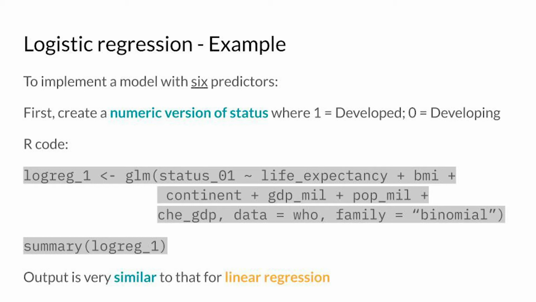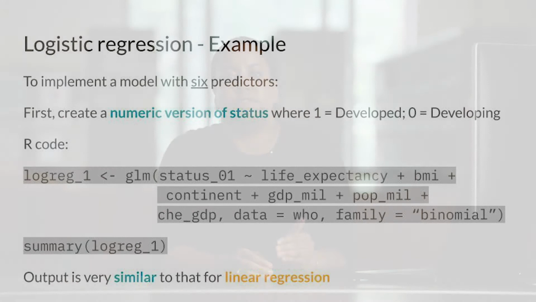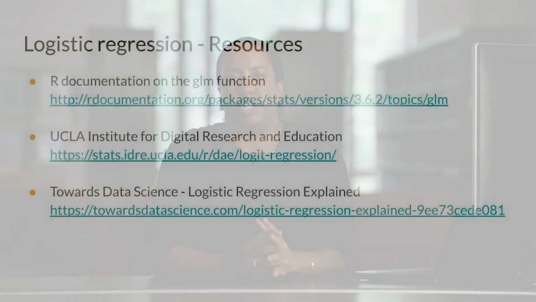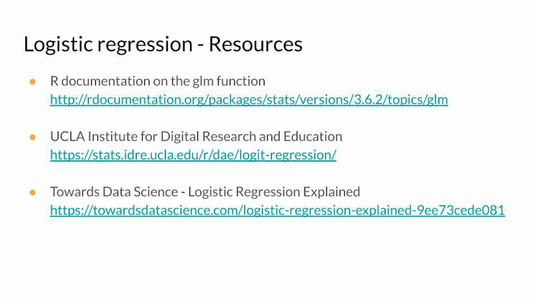The output for logistic regression is also very similar to linear regression, but the interpretation of coefficient estimates is different. Positive estimates increase the log odds of classifying a country as developed, while negative estimates decrease the log odds of classifying a country as developed. There are ways to configure the output so that you can make interpretations using odds ratios. If you would like to learn more beyond this brief overview, on this slide I provided links to some tutorials and articles that offer gentle introductions to the theory and implementation of logistic regression.